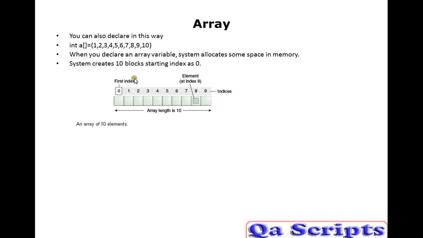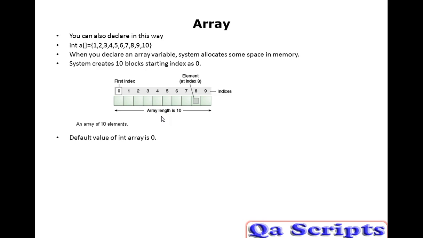Value 3 will be sitting at the second index. So the array will have length 10 because you have given 10 values, but the space is created and the values are assigned to the boxes with index starting from 0 and ending with 9, because from 0 to 9 it will be 10. This entire length we call the array length.